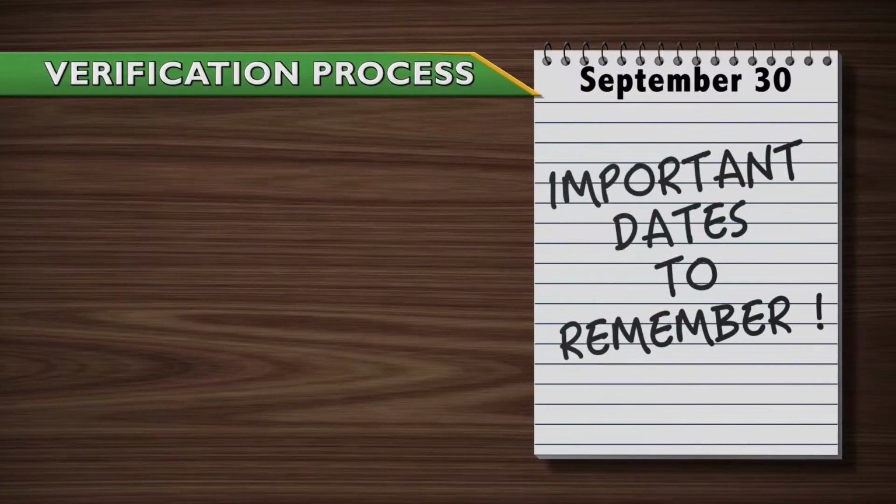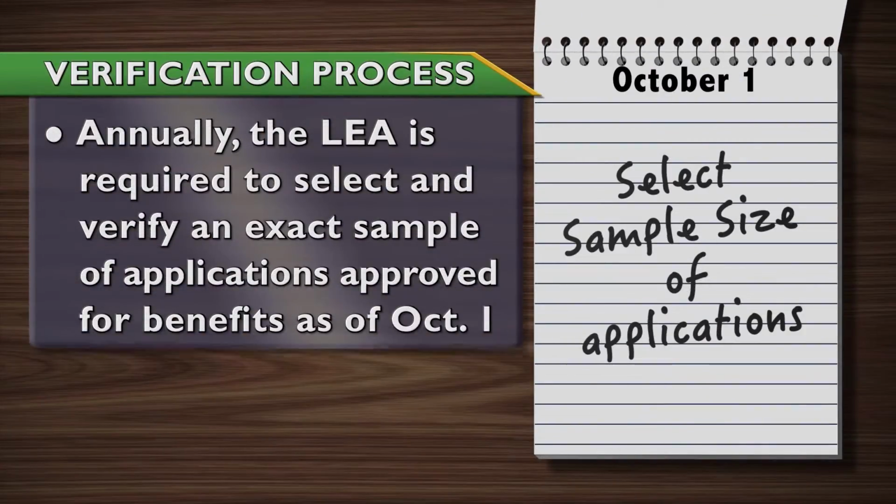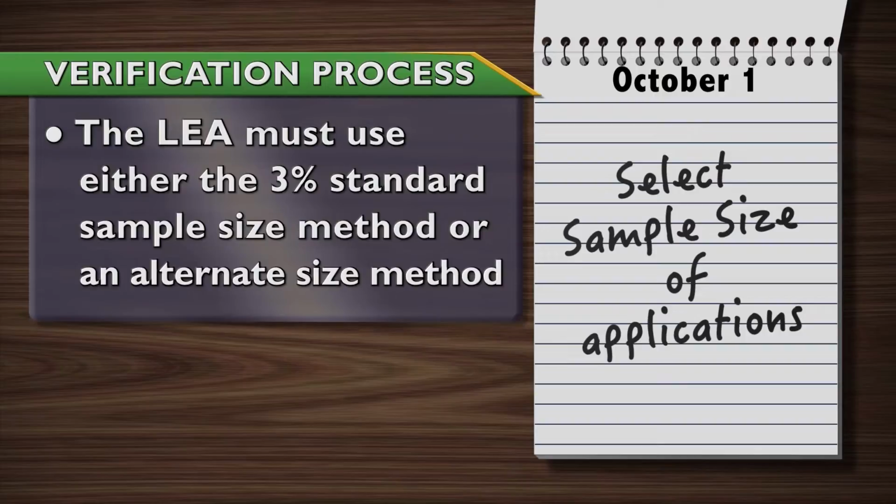The verification process includes the following. Annually, each LEA is required to select and verify an exact sample of applications approved for benefits as of October 1st. This is referred to as the sample pool. The LEA must use either the 3% standard sample size method or an alternate size method.